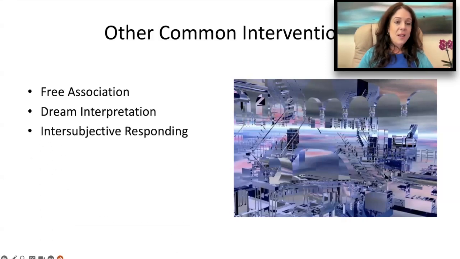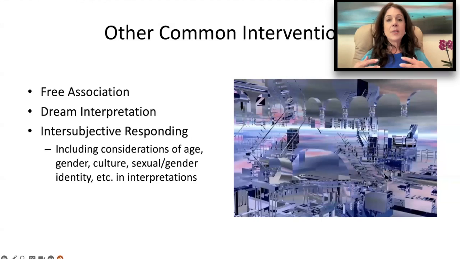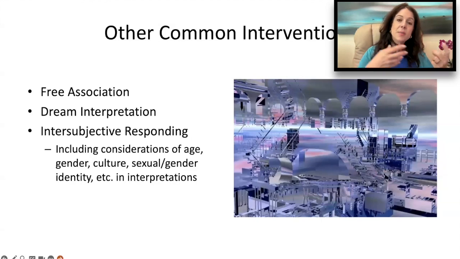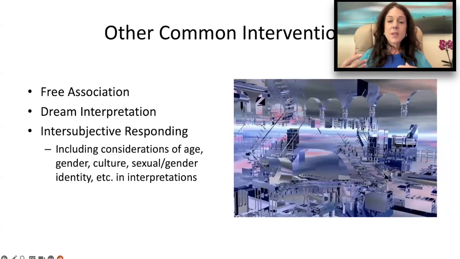Then there's intersubjective responding, which comes out of intersubjectivity theory, the more postmodern version, where you consider age, gender, race, and social class, including these in your interpretations and in your relations with clients.